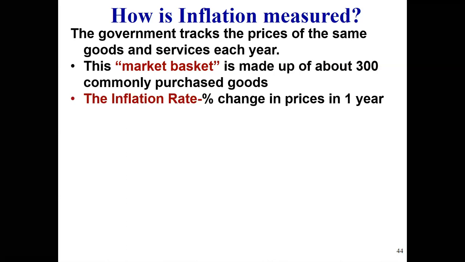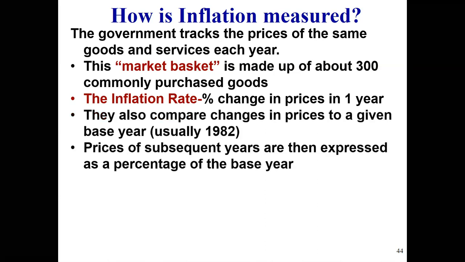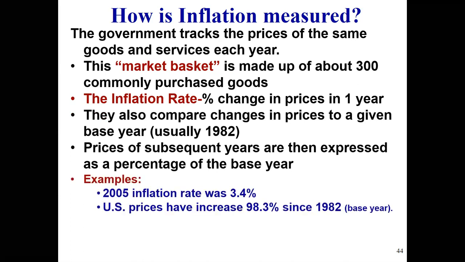All right. So the inflation rate, anytime you see inflation rate: year 2 minus year 1, over year 1, times 100. I'm going to show you the CPI index in a second.